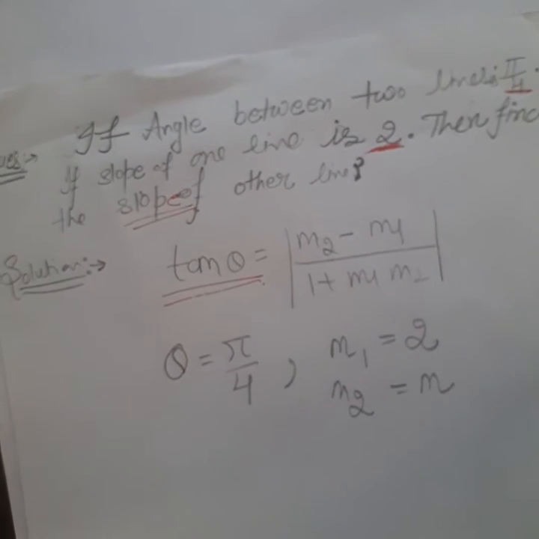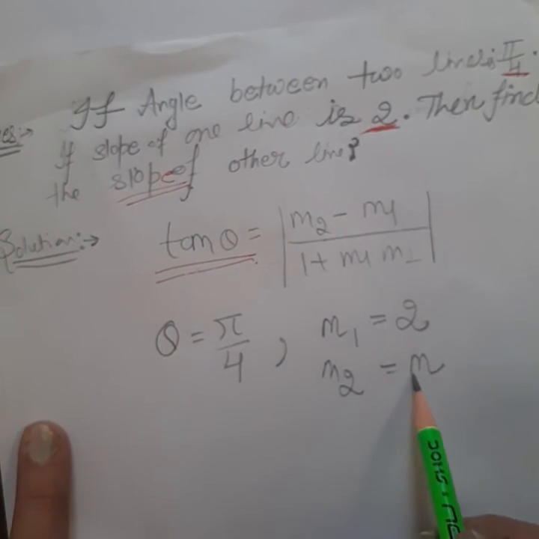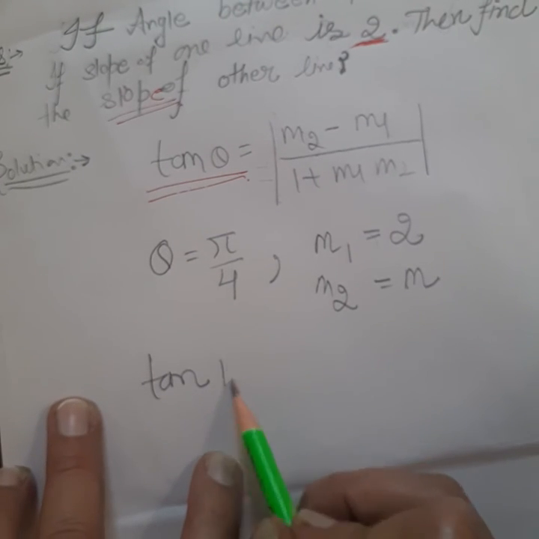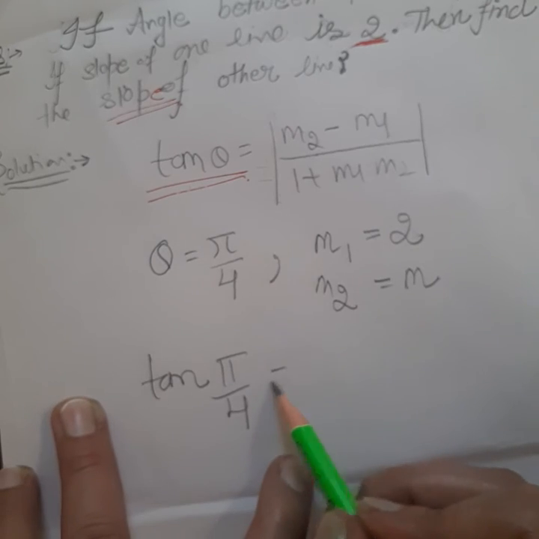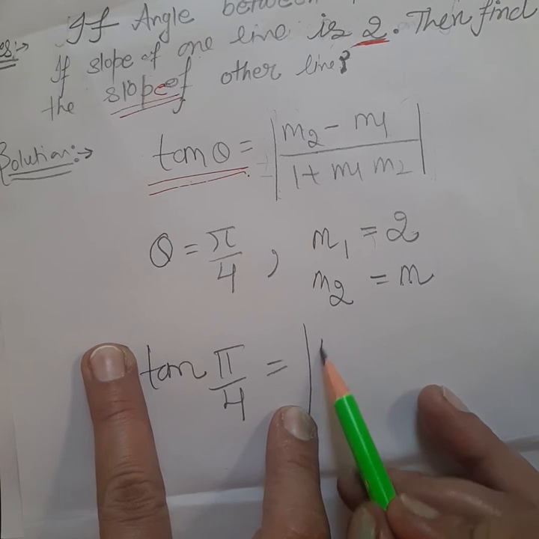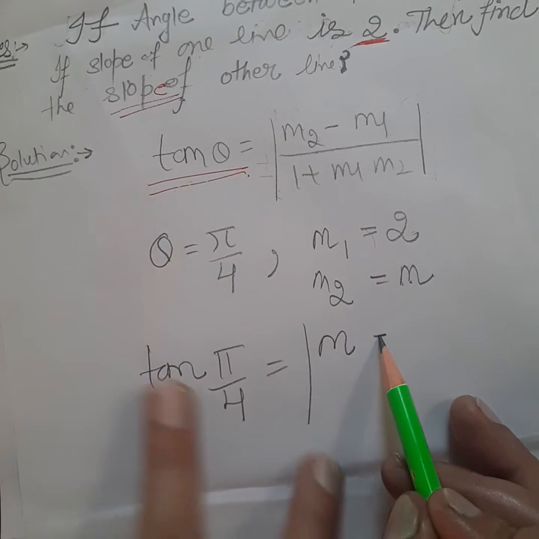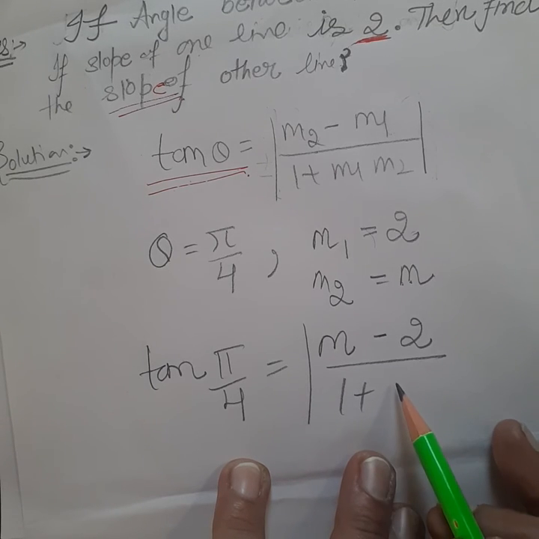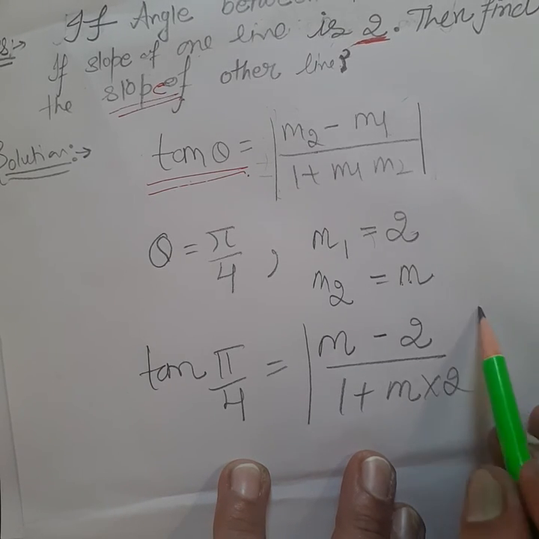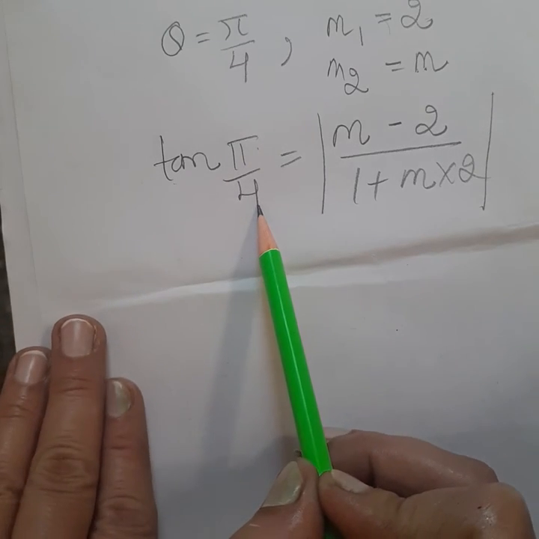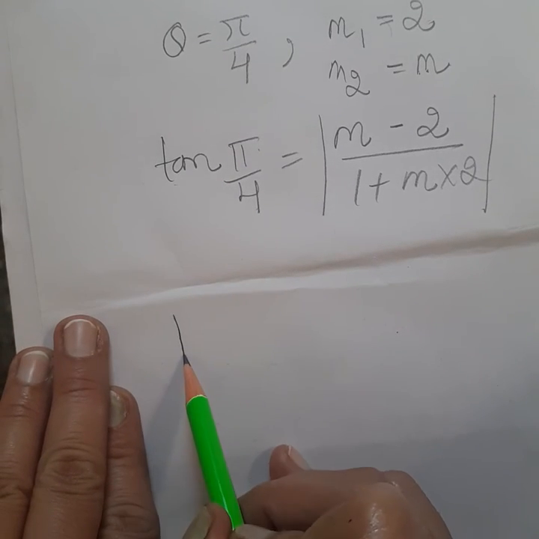Now we put all these values in the formula, so we write tan of pi by 4 equals, on the right side, the value of m2, that is m, and the value of m1, that is 2, so m minus 2 upon 1 plus m multiplied by 2. Now to solve this, see the table of trigonometrical ratios.